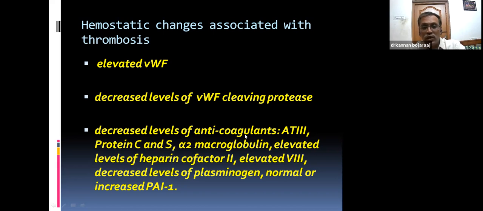These are all the natural anticoagulants produced by the liver, and these are all reduced, so the balance between procoagulant and anticoagulant is not maintained. In this situation, the patient will become hypercoagulable and go for the problems of thrombosis in liver disease.